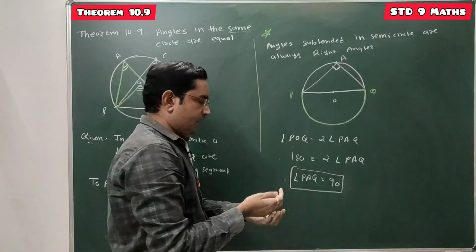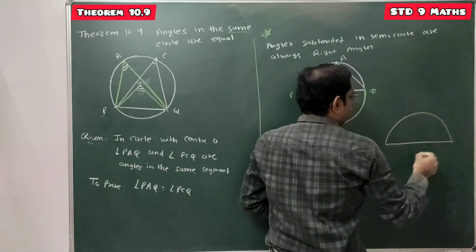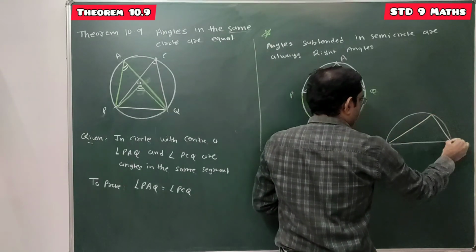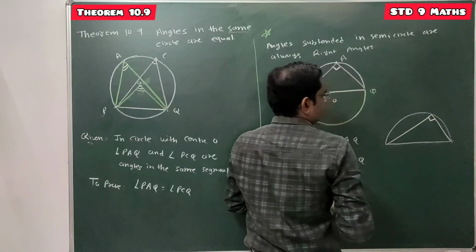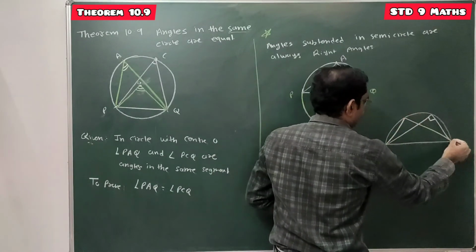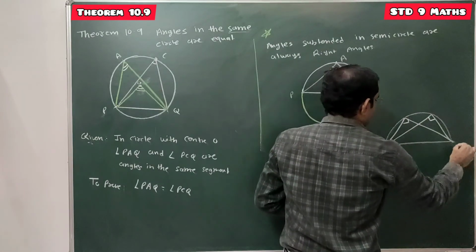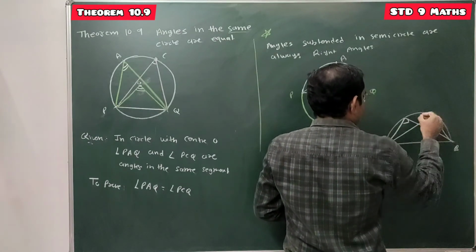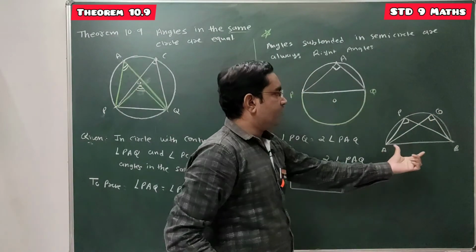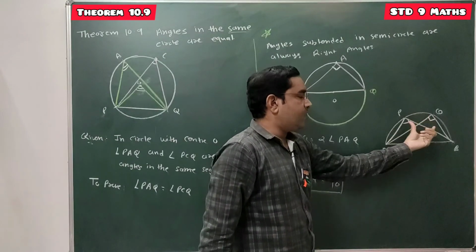So whenever a semicircle is there, and an angle subtended in a semicircle is given, that angle subtended in any semicircle is always 90 degrees. So this is 90 degrees. This is another angle, this is also 90 degrees. Suppose this is chord AB, and this is point P, and this is point Q. So this is nothing but the chord and arc. This is one segment. Angles subtended in the same segment are equal.